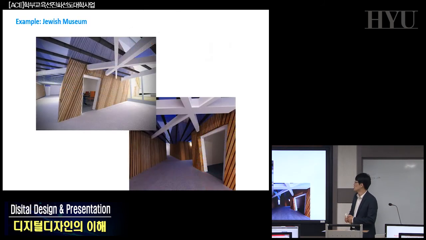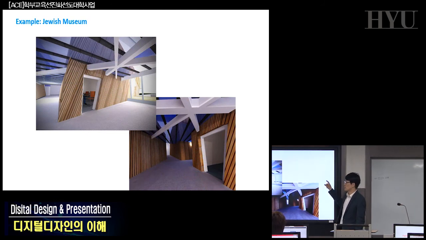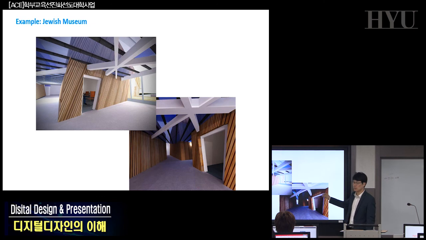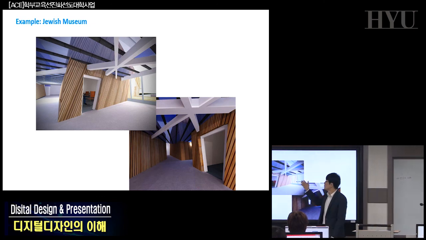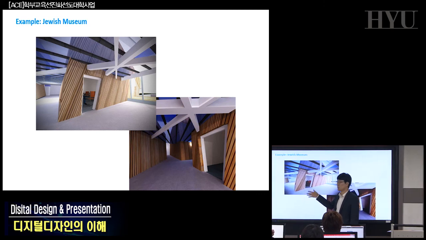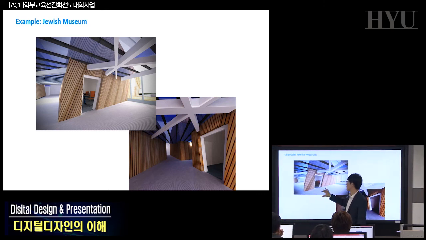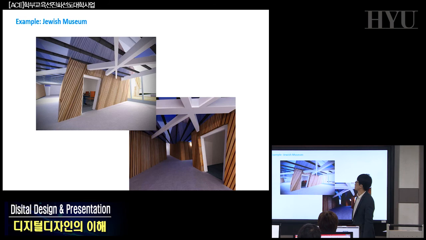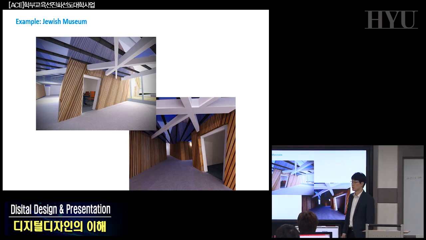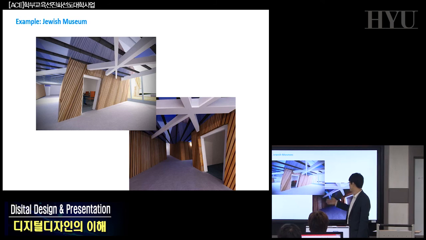Next one is the Jewish Museum example. He selected a specific part of that building. That building is actually very large scale, but this area he picked and made with SketchUp materials and geometry and so on. And this is the V-Ray rendering output.